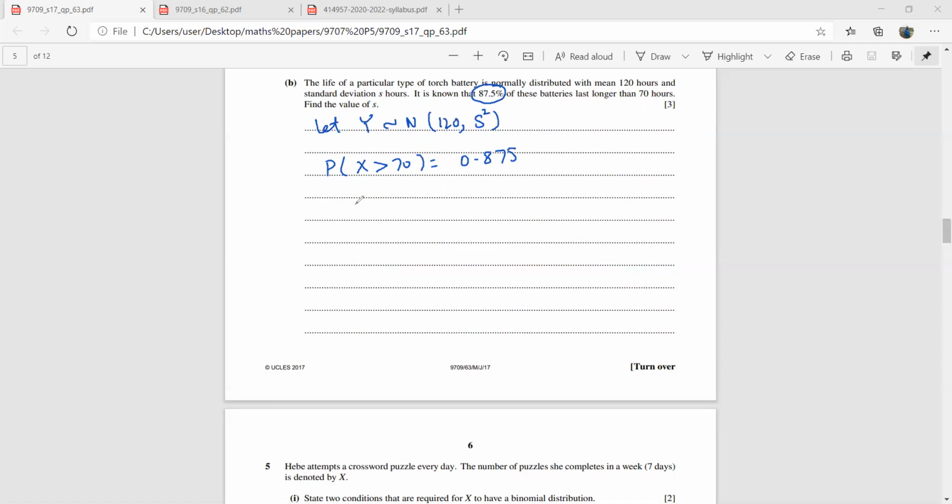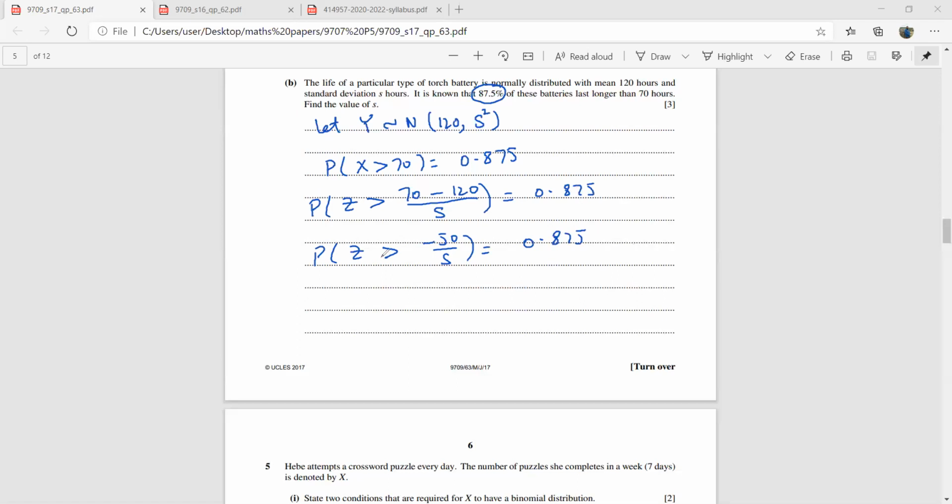No problem. You start by standardizing this. So this is going to be the probability z is greater than (70 minus 120) over the square root of this variance, and that is 0.875. So this is the probability z is greater than minus 50 over s, that is 0.875.